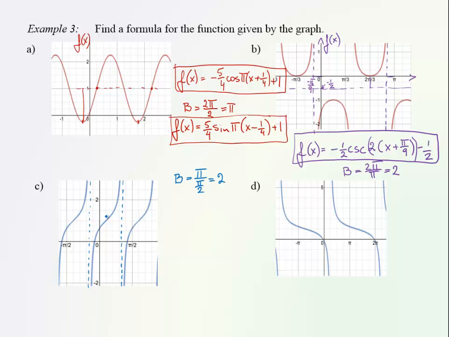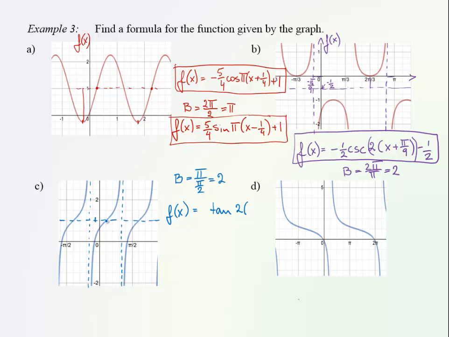Okay, let's see where the midline is. The midline looks like it's going through number 1. And the shape looks like it's increasing like a tangent. So f of x could be written as tangent, possibly with some coefficient, but we'll see that in a second. B coefficient is 2. Is there any shift?